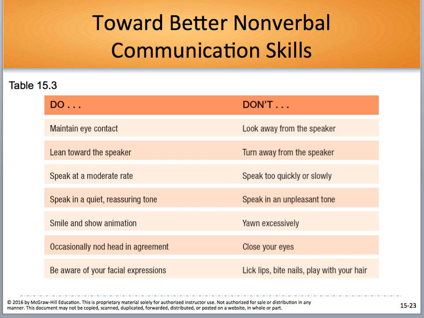Some ways in which you can use your nonverbal skills in a positive way is making sure that you maintain eye contact, lean toward the speaker, speak at a moderate rate, speak in a quiet, reassuring tone, smile and show animation, occasionally nod your head in agreement, and be aware of your facial expression.